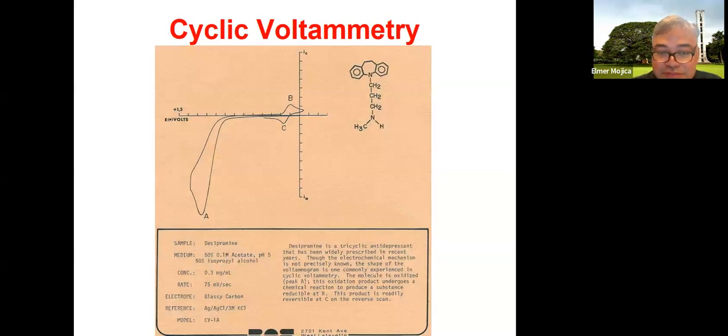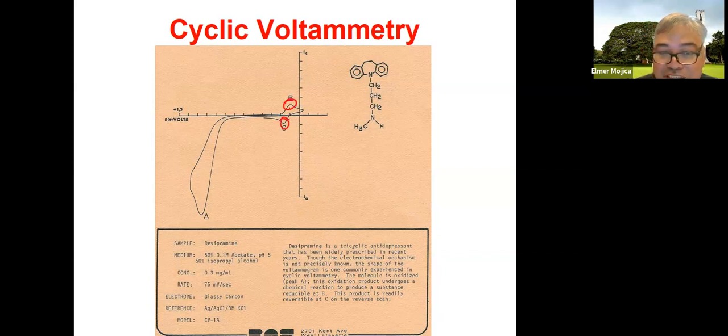And then this one, desipramine. So this is an antidepressant. Okay. And as you could see here, when it undergoes oxidation, it forms a product that is different from the previous one. That's why it's very small here.